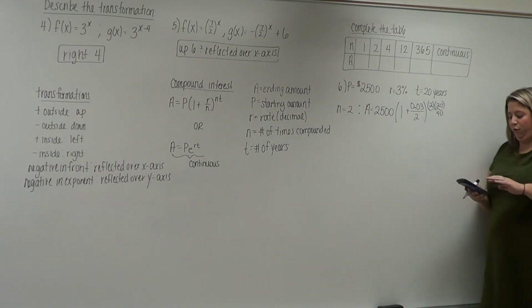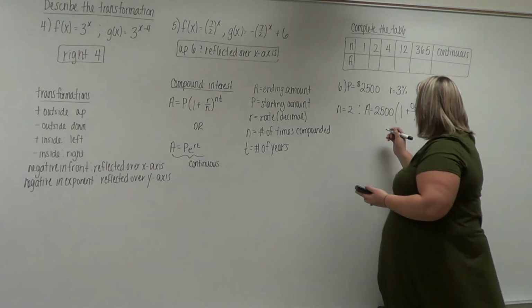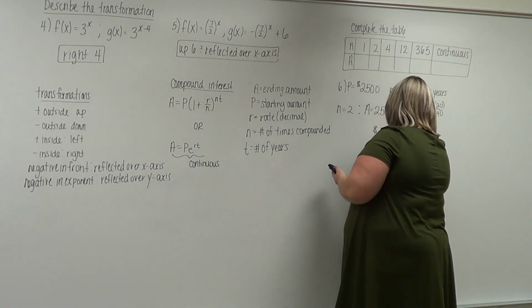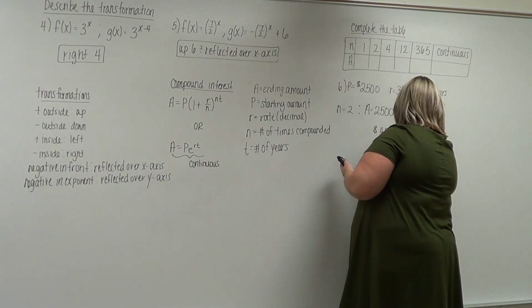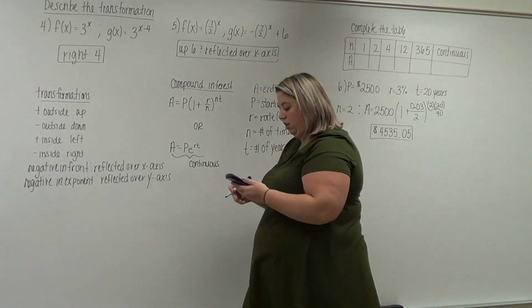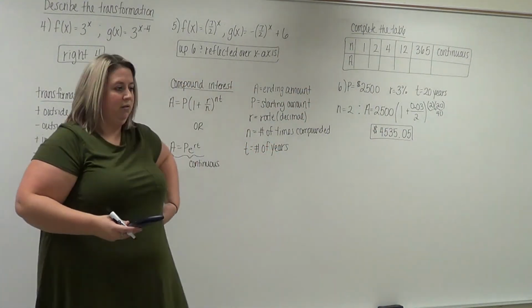I'm going to take this to the 40th power. And then I'm going to multiply by 2,500. I get $4,535.05.